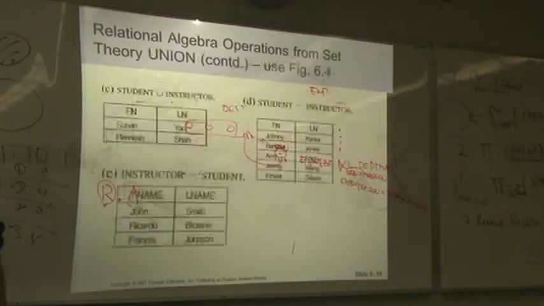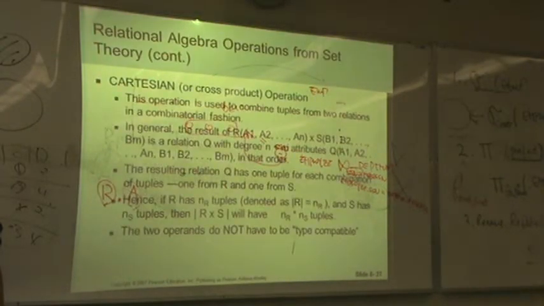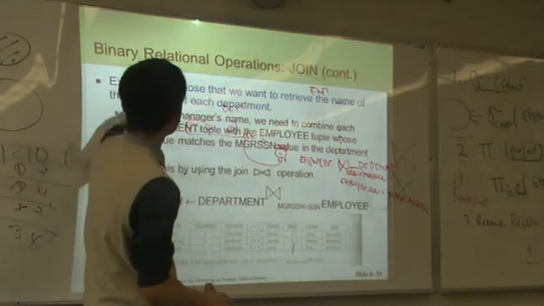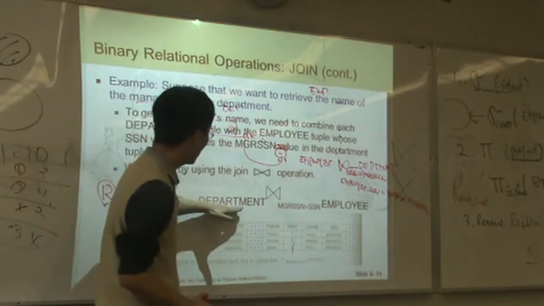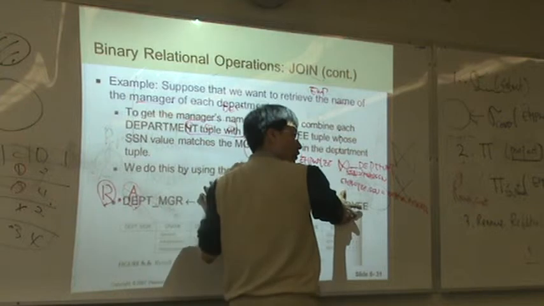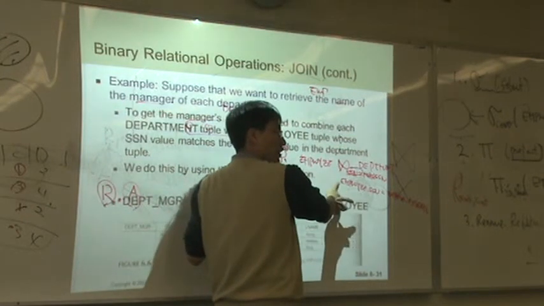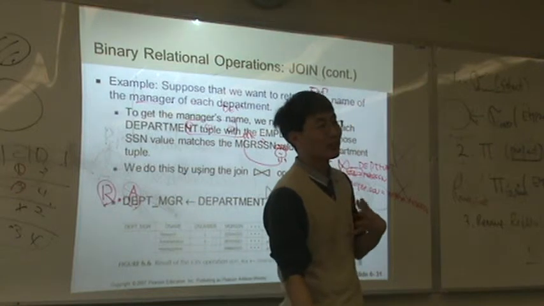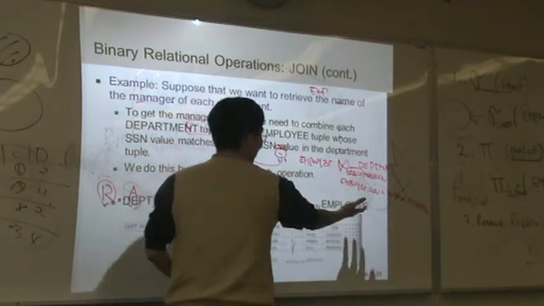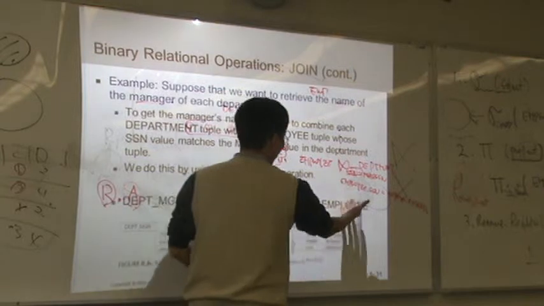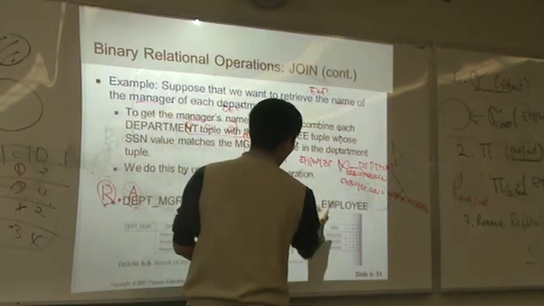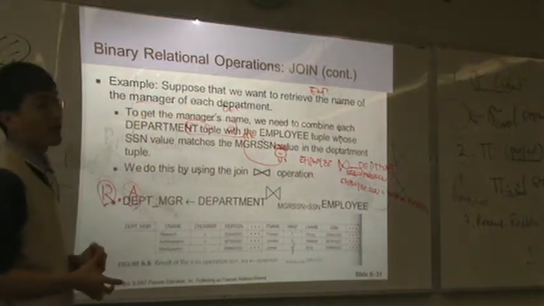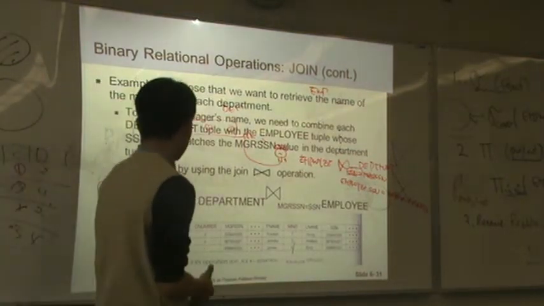So, join operation, there's a join operation. Okay, so in this case, the output is department, it doesn't matter which one is which. However, it will be different later. But so far, there's no problem. Department and employee join with the MGR social security number. If you are using the database schema diagram, it will be like this.